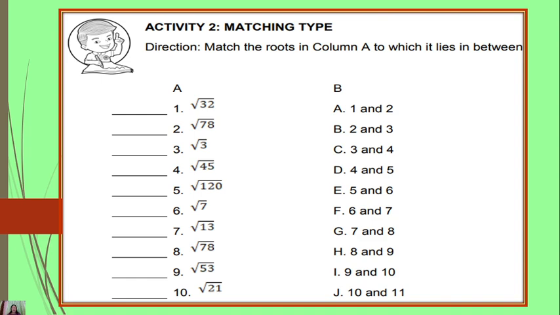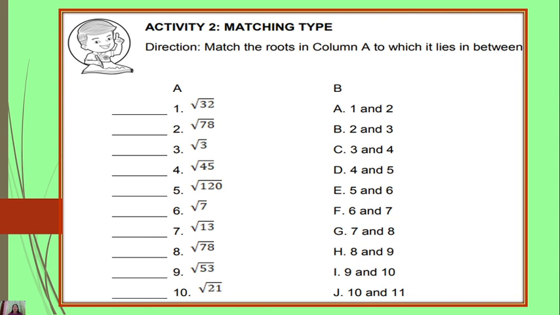Okay, so yun hanggang 1 to 100. Pwede ninyong i-memorize pa yung mga next succeeding perfect square. Kagaya halimbawa ng 11, 121, 12, 144, 13. Ilan na yung 13? 169, and so on.